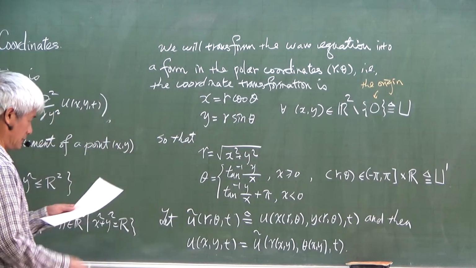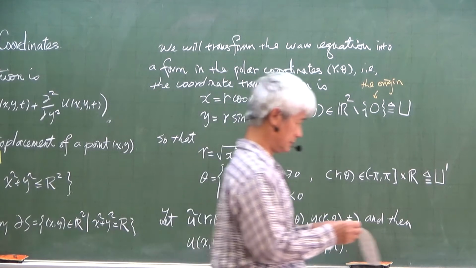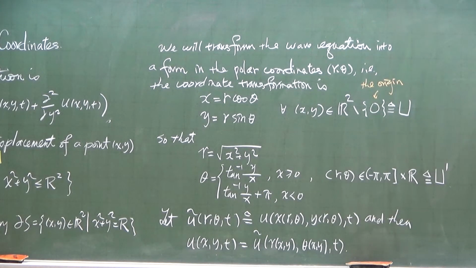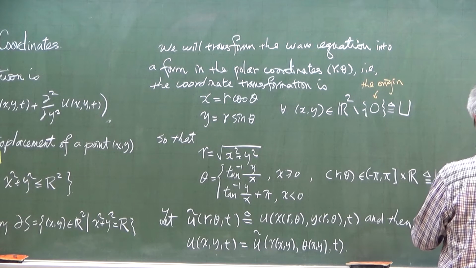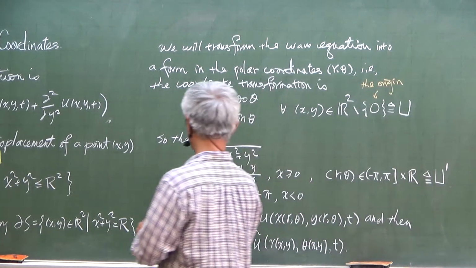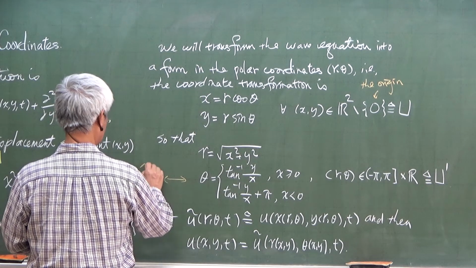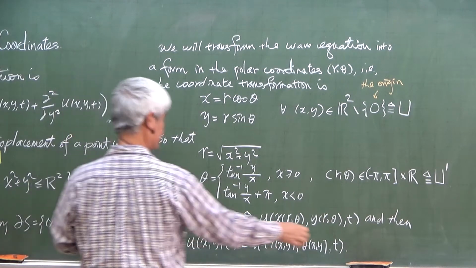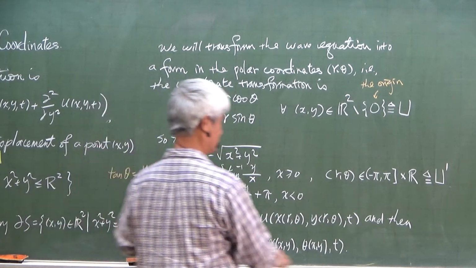So we have that, and we did a lot of coordinate transformation in section 12.4. So now this comes to tangent theta is equal to y over x.